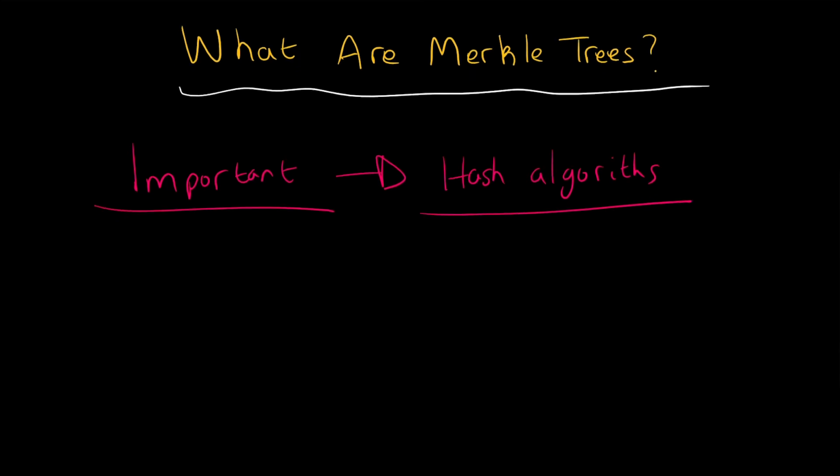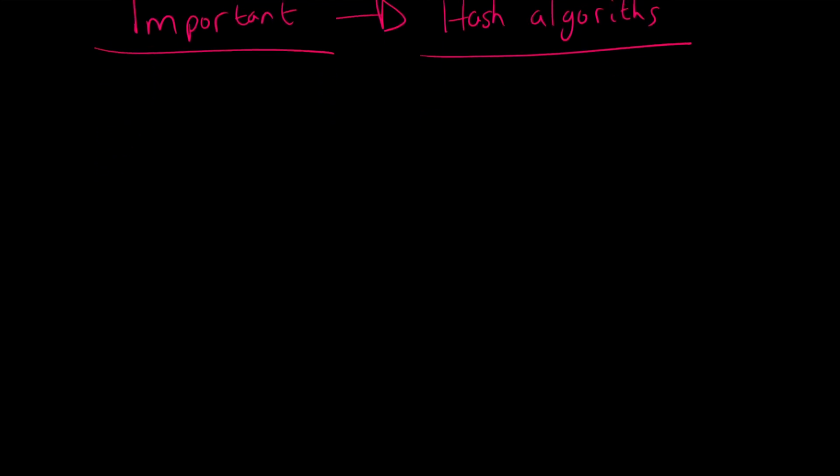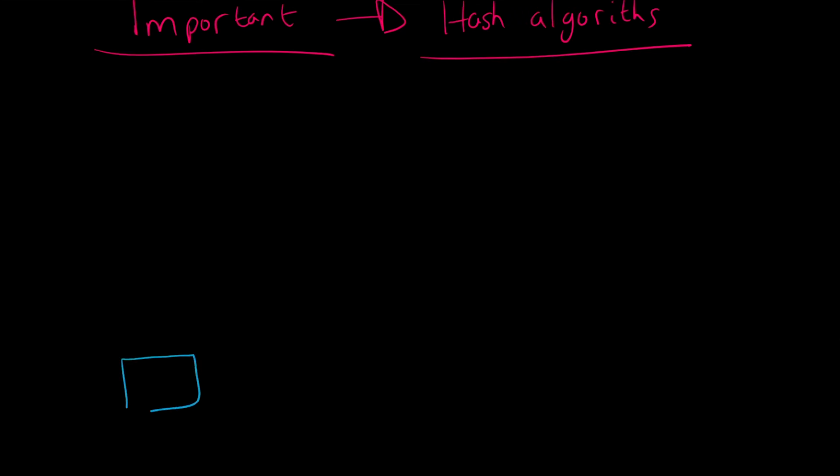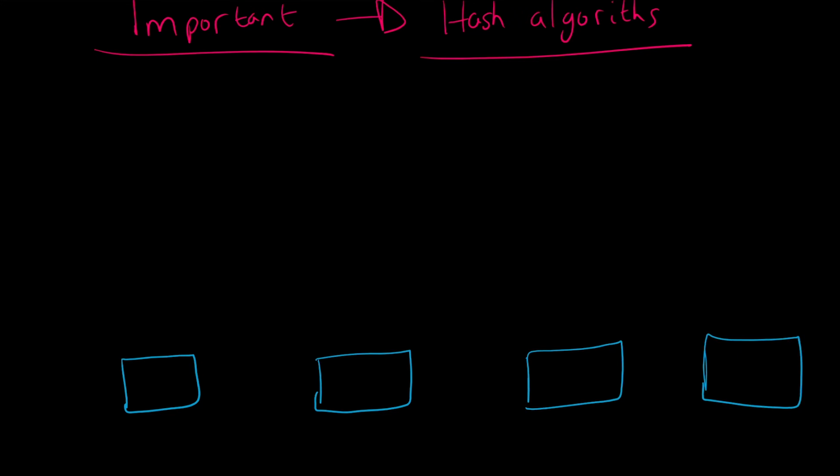So what is a Merkle tree? A Merkle tree essentially takes a bunch of input and it helps confirm its validity. So imagine, in the case of Bitcoin, for example, or blockchain really, I have 4 transactions. The average block in Bitcoin has over 2,500.